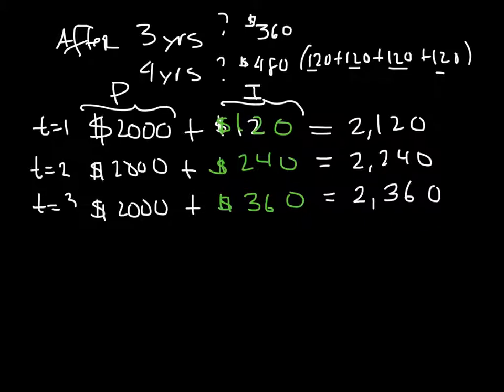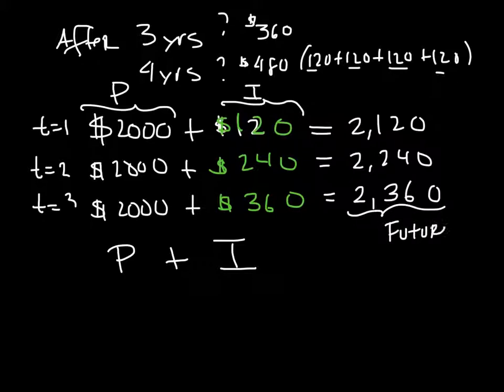So we get P plus I. We can call this a value, but it's a future value that you earn, or that you're going to pay back. So P plus, well, what's I?